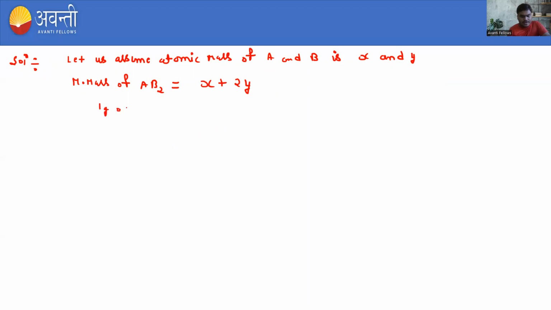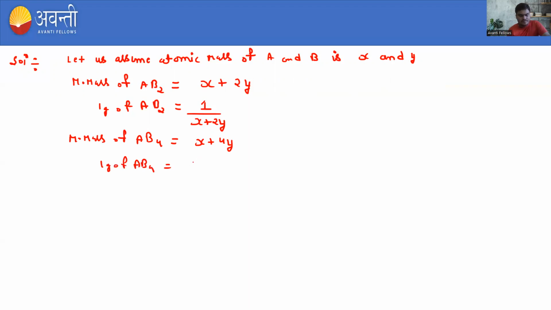So 1 gram of AB2, how will you calculate the number of moles? Mass of the solute, that is 1 gram, upon molecular mass, that is X plus 2Y. Similarly, the molar mass of AB4 is X plus 4Y, and the moles are 1 gram upon X plus 4Y.